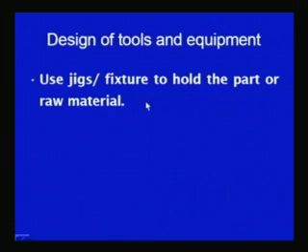The role of fixtures is mainly to hold the workpiece, while jigs, in addition to holding the workpiece, also guide the tool. So, use of jigs and fixtures will not only reduce the effort required by the operator, but will also save a lot of time.